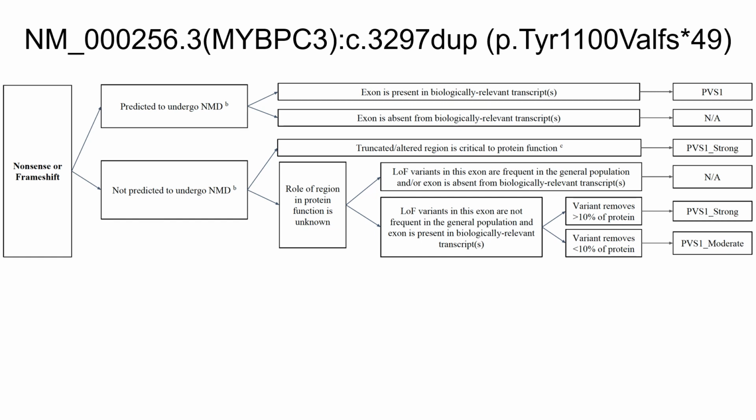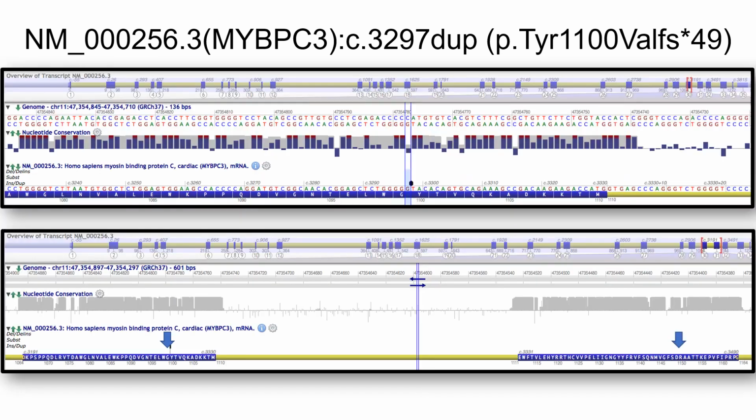And so the first question we have to address is whether or not this variant is predicted to undergo NMD, nonsense-mediated decay. So shown here is a screenshot from Allele of looking at where in the gene this variant occurs. So the actual cDNA change occurs within exon 30 here, but since it's a frameshift variant, I want to look at where the actual stop codon occurs, which is in the next exon, in exon 32.